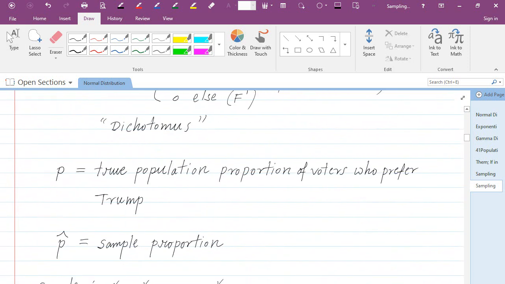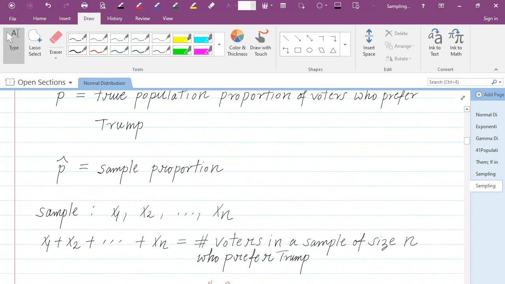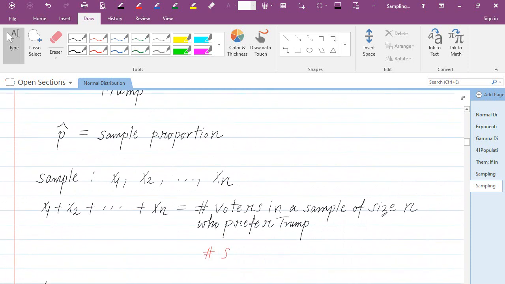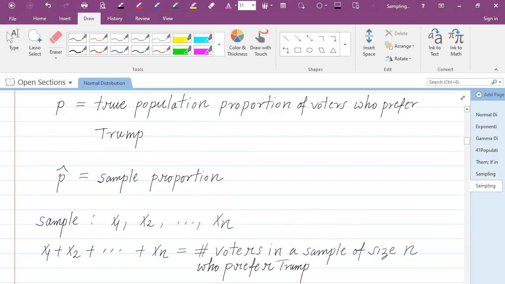Now, when we have a sample, let's say of size n, then the sample measurements can be represented by using variables. So let's say I have variables x1, x2, up to xn, and each one of them is a copy of x.